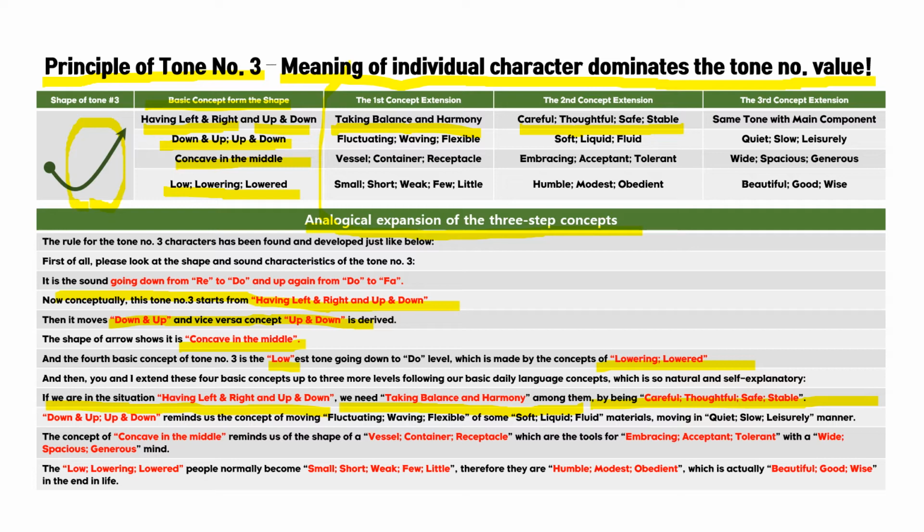And next, down and up and down reminds us of the concept of moving. Just think about the waters in the valley, streaming in the valley, fluctuating, waving, flexible. It is very soft, liquid, and fluid materials moving in a quiet, slow, leisurely manner.